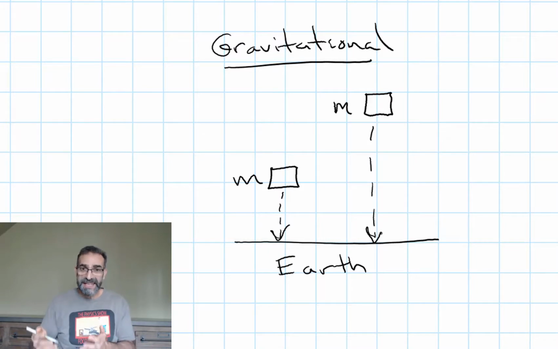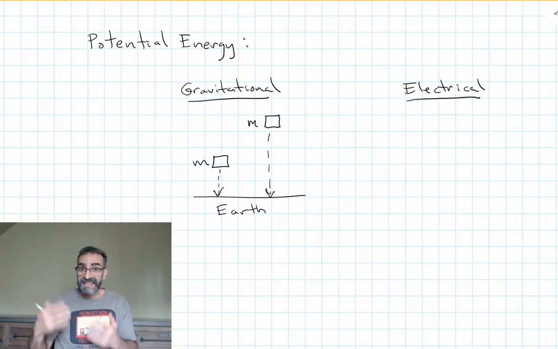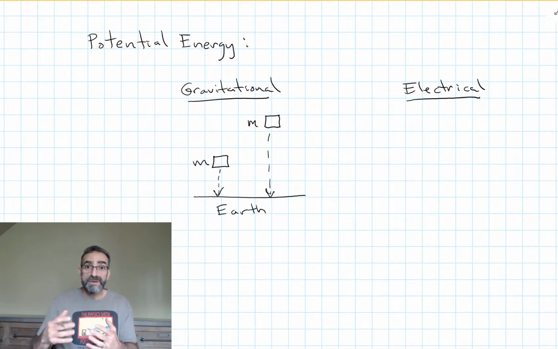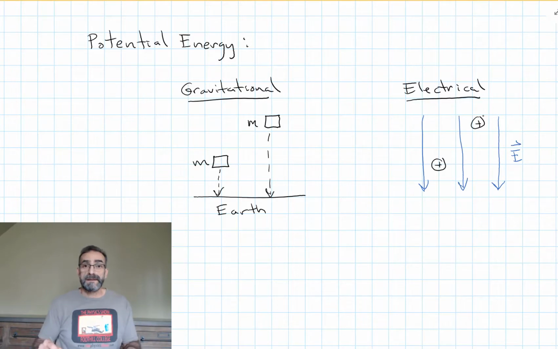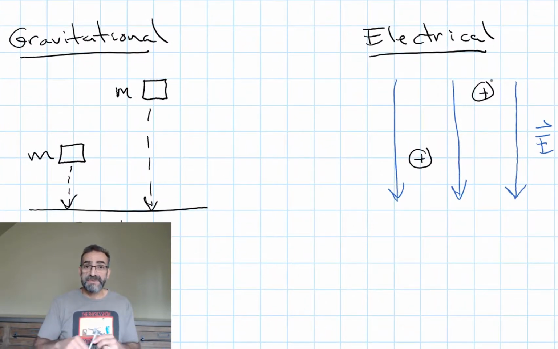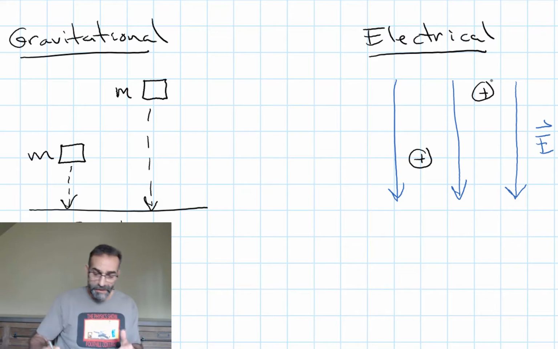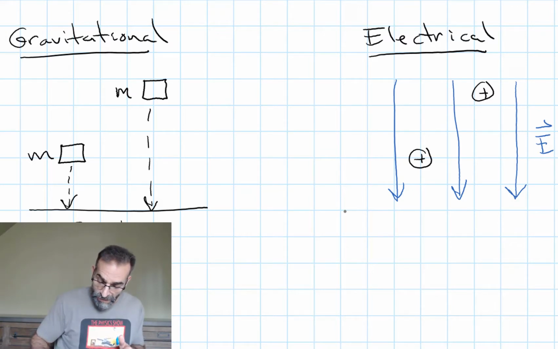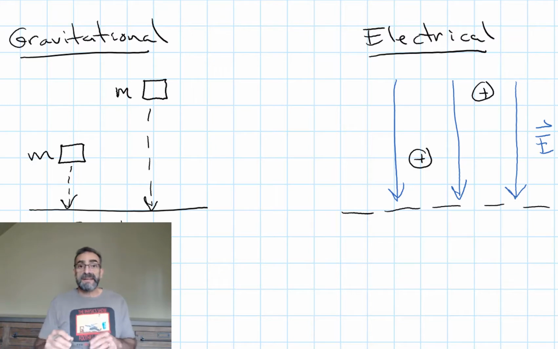So let's take a look at an electric field and use the same reasoning to think about where the charges have the most potential energy. I've drawn a uniform electric field, a constant electric field pointing down on my paper. And I'm going to imagine a floor here, an imaginary floor. And I've got two positive charges.